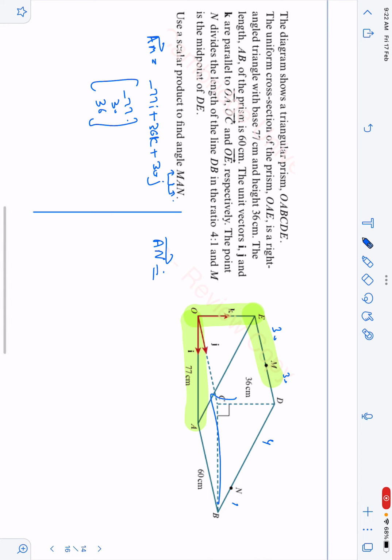Now if this is one part and this whole thing is 5 parts, that means this part is 1/5 of this whole length.